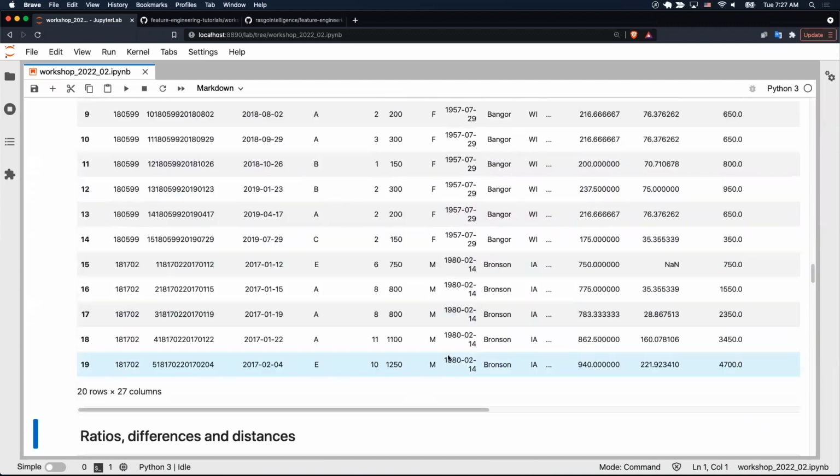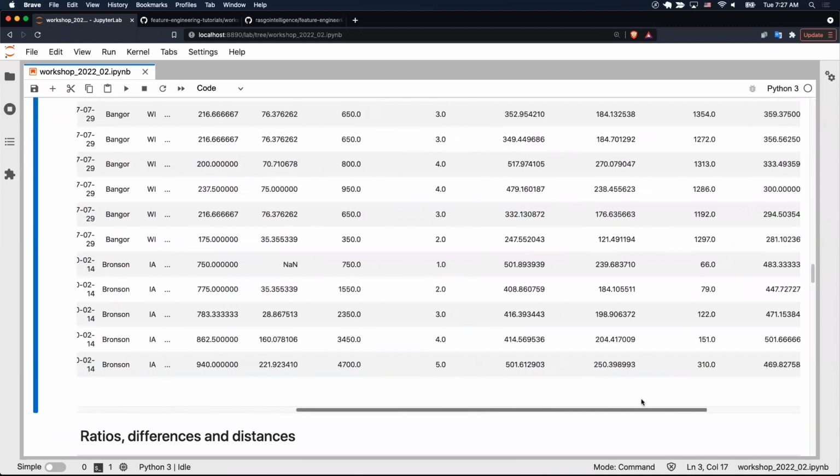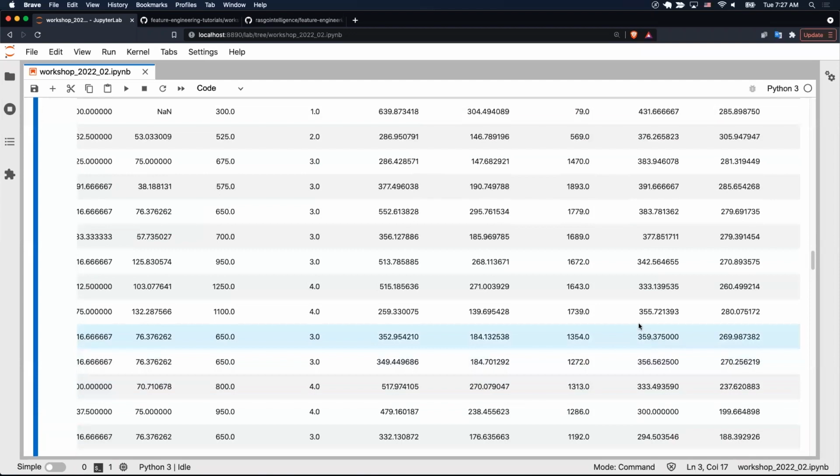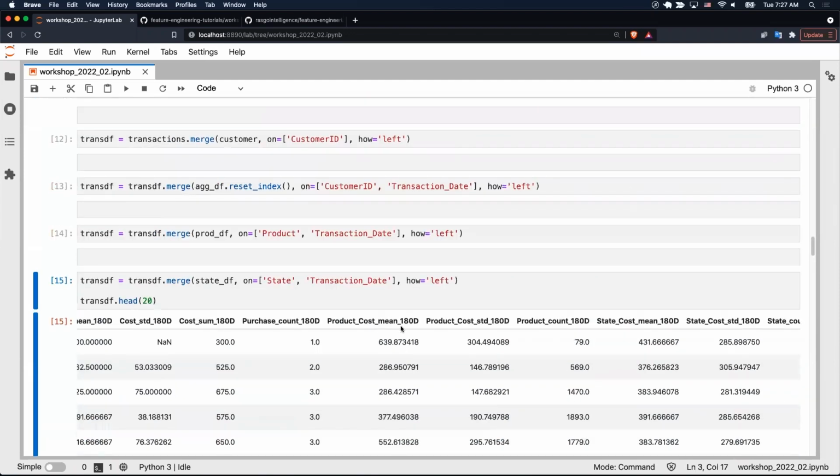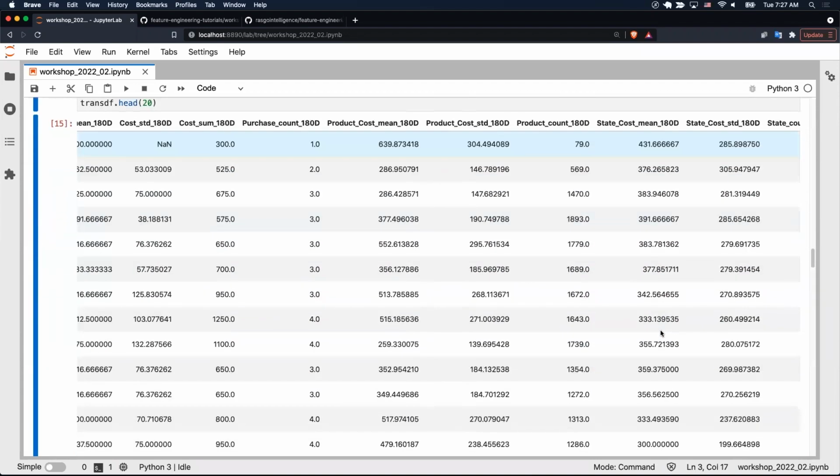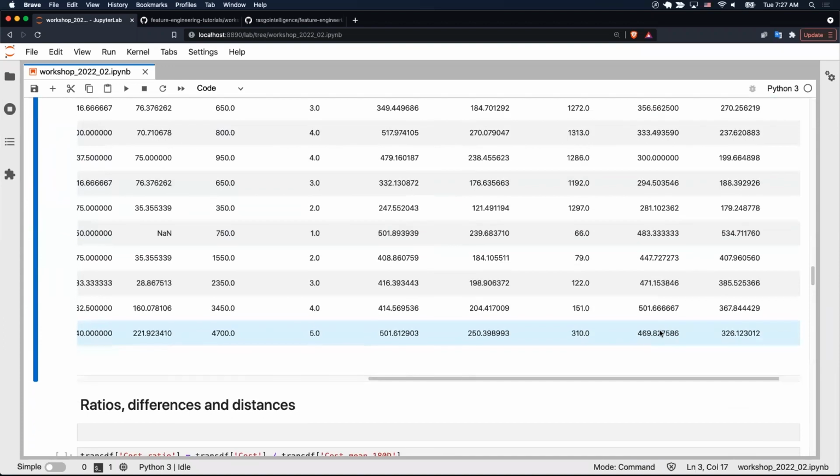Scroll down, over to the left. Product aggregated information, and finally state aggregated information. So at this point, you could begin building a model. It probably wouldn't be the greatest model, but it would at least have some of the history that's necessary to build.